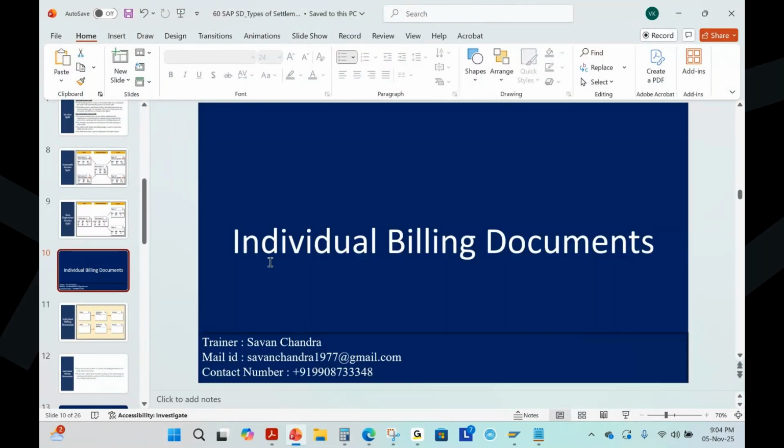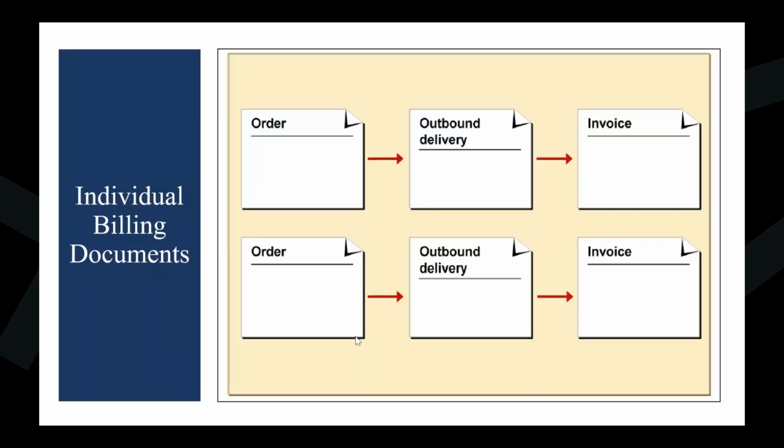Now the next one is individual billing document. Sometimes the customer says, I don't want this single invoice combination or invoice split. He wants one invoice for each outbound delivery. So there is an order, there is an outbound delivery. He wants a separate invoice for each outbound delivery.